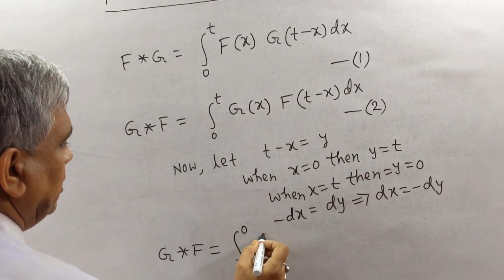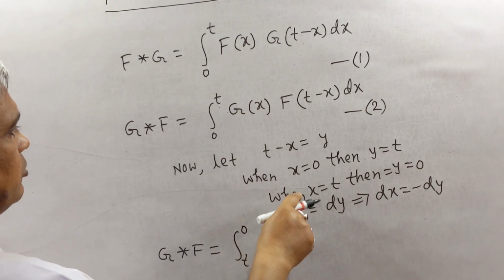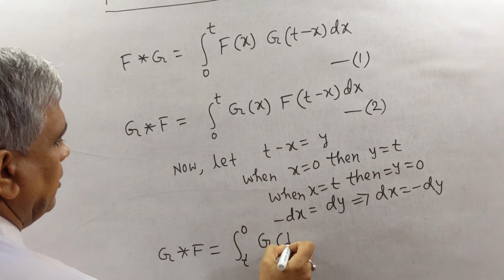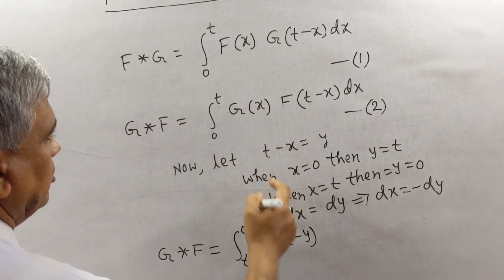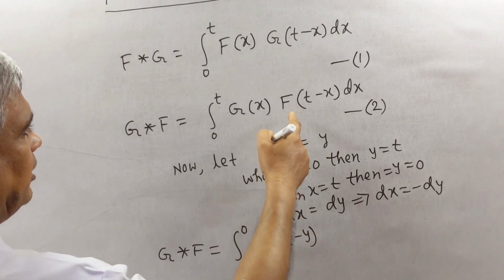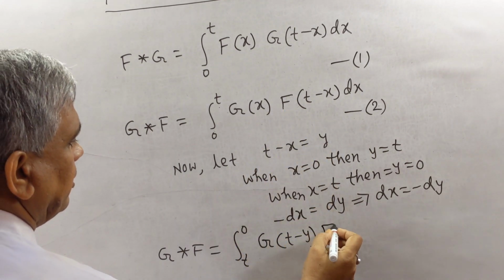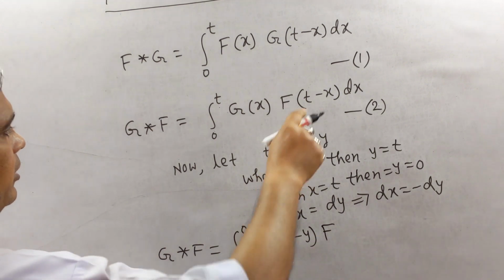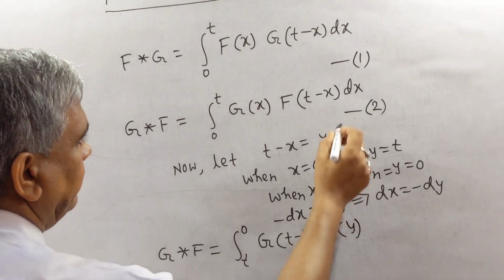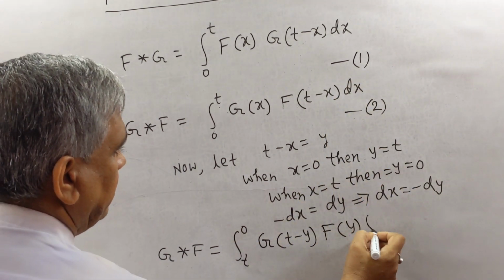Here g(x) equal to g(t minus y), and f(t minus x) equal to f(y), dx equal to minus dy.